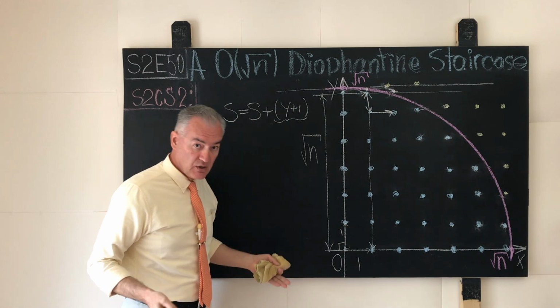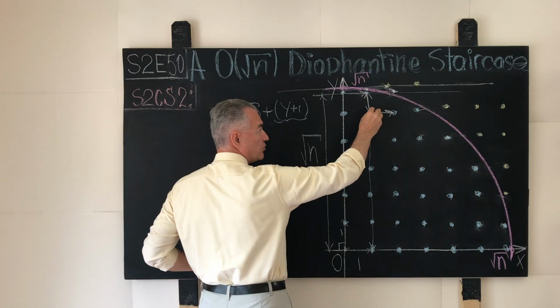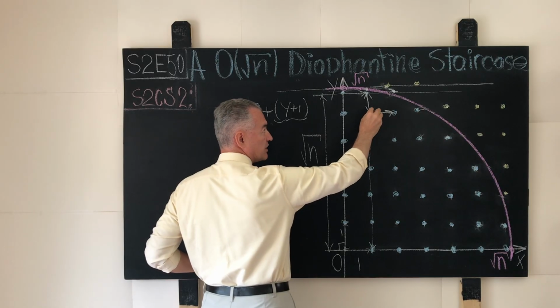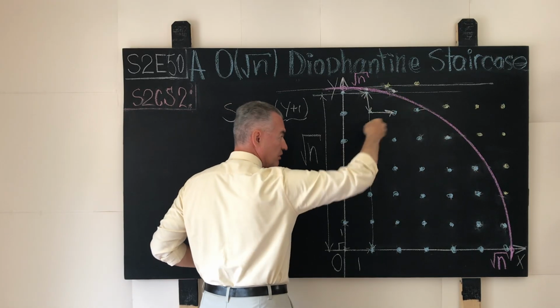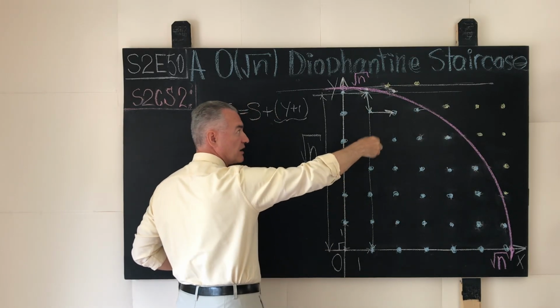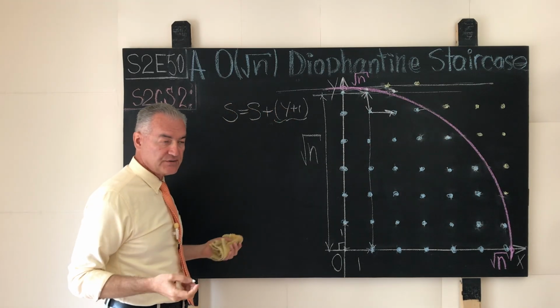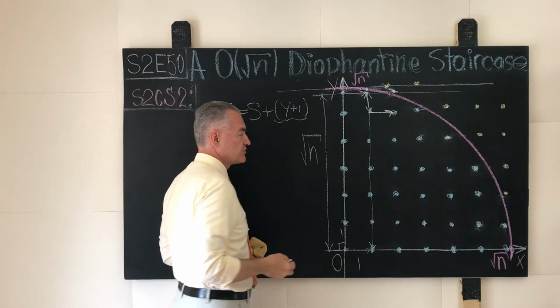It's just one less. And if we're still not under the arc, we'll keep coming down the y coordinate by 1 until we are under the arc of the bounding circle. It's that simple, that straightforward.